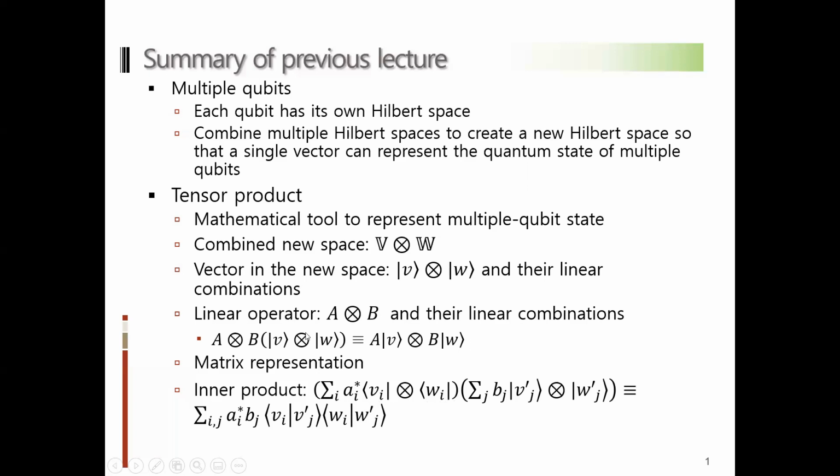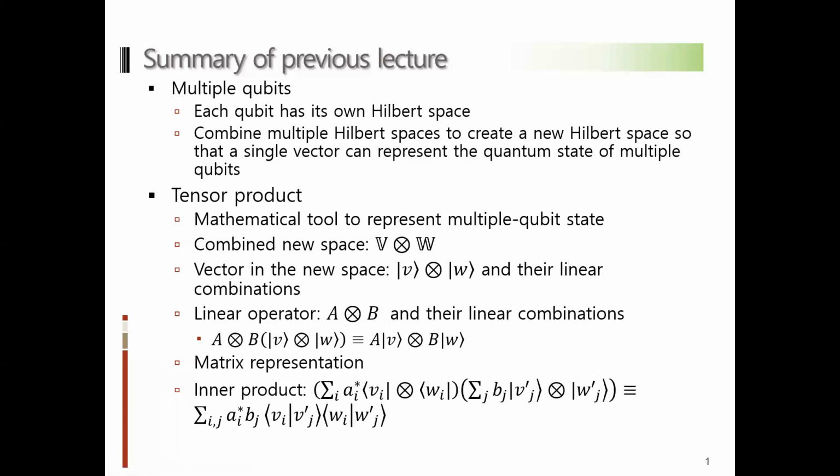And similar to the linear operator combination rule, we just combine the bra in the same partition with the ket vector. The bra vector in the first partition will be combined with the ket vector in the first partition, and the bra vector in the second partition will be combined with the ket vector in the second partition, and so forth. So those were the rules.